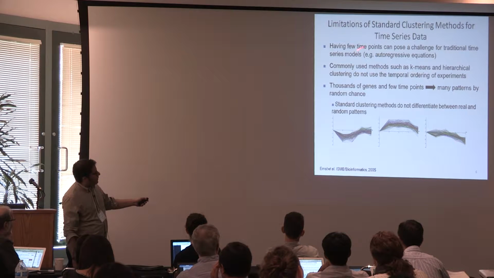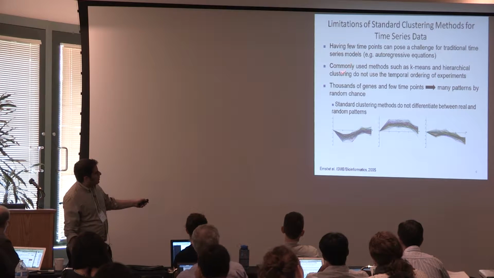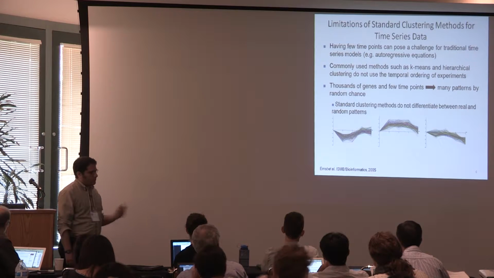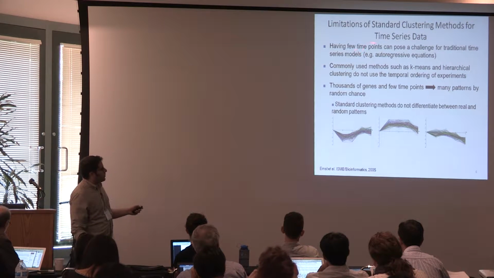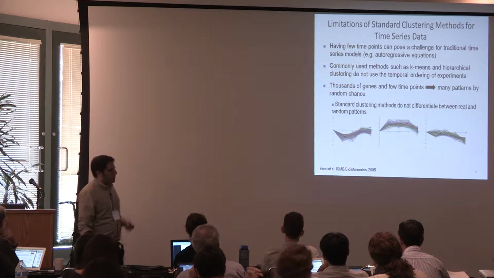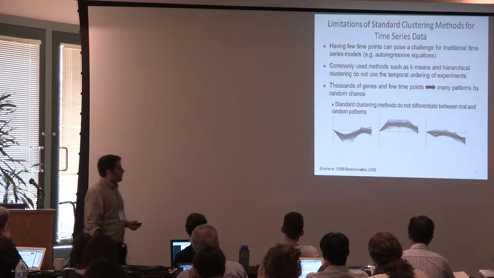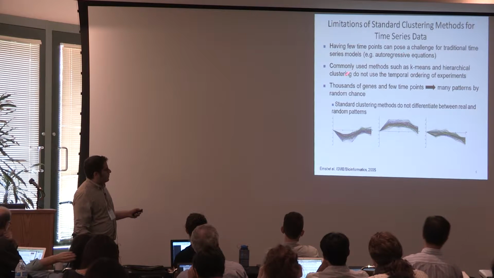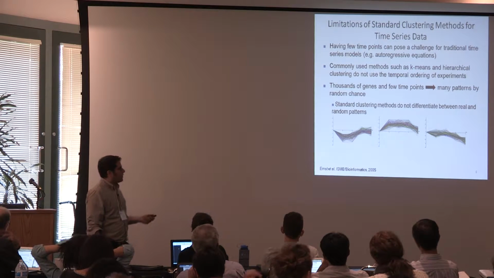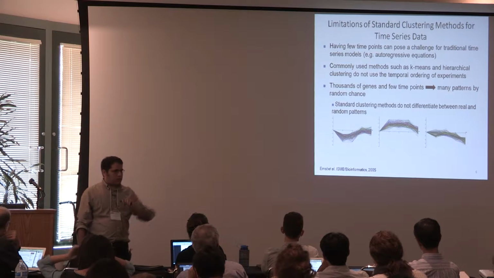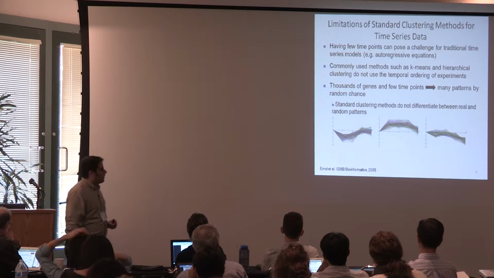Methods that have been specifically designed in the time series literature aren't necessarily effective for very few time points, like fitting autoregressive models. And commonly used clustering methods, such as k-means or hierarchical clustering, don't use the temporal ordering of the experiments.